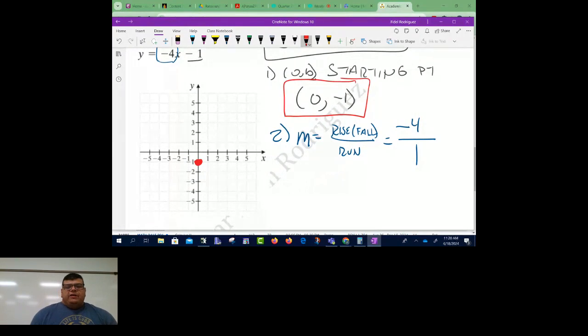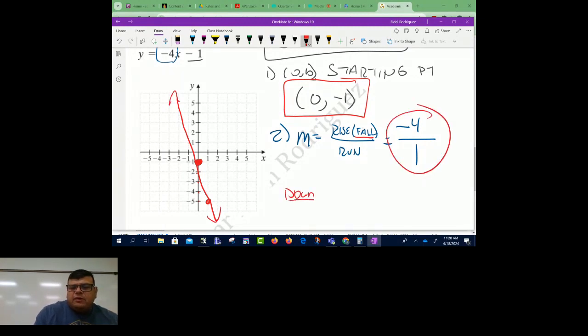So -4 over 1. What does that mean we're going to do? It means we're going to fall. So look, y'all, I'm going to count 1, 2, 3, 4, and then to the right 1. There's my line. If you notice, my line's going down because our slope was negative, right? And again, what did I do? I went 1, 2, 3, 4, and then over 1, right? And that's all we're really doing there, y'all.